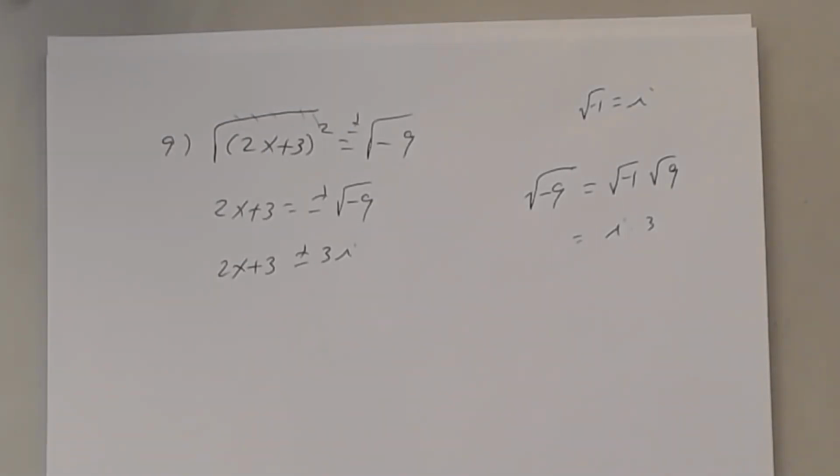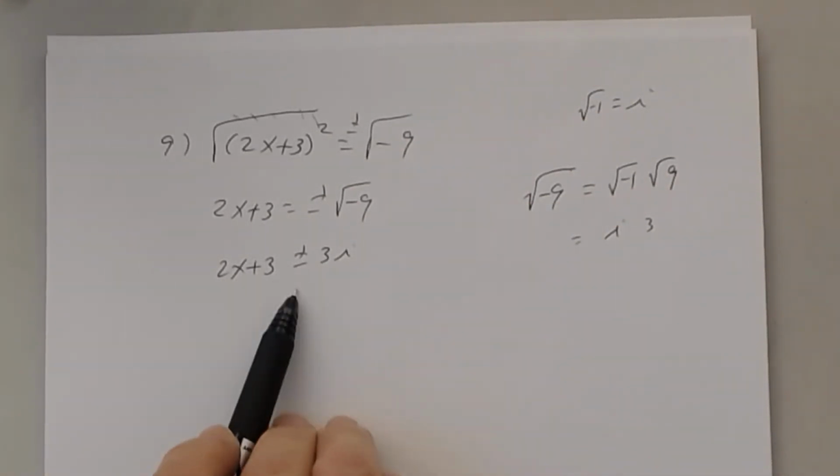All right, now, remember, in the problems we did a while ago, starting with, I guess, number 5, the solutions were real. Either they were rational or they were irrational.